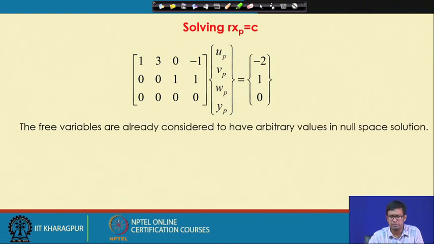The free variables are already considered to have arbitrary values in the null space solution. Why?